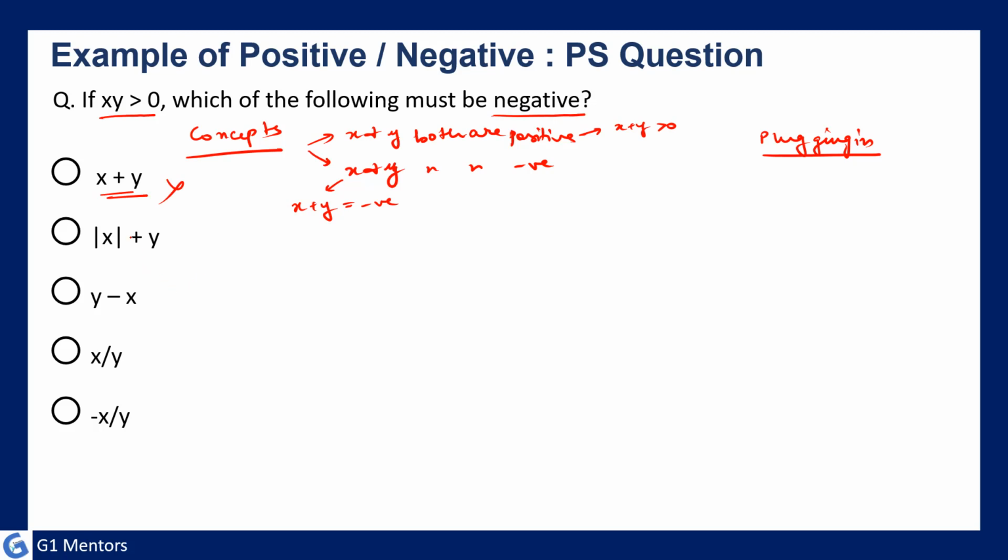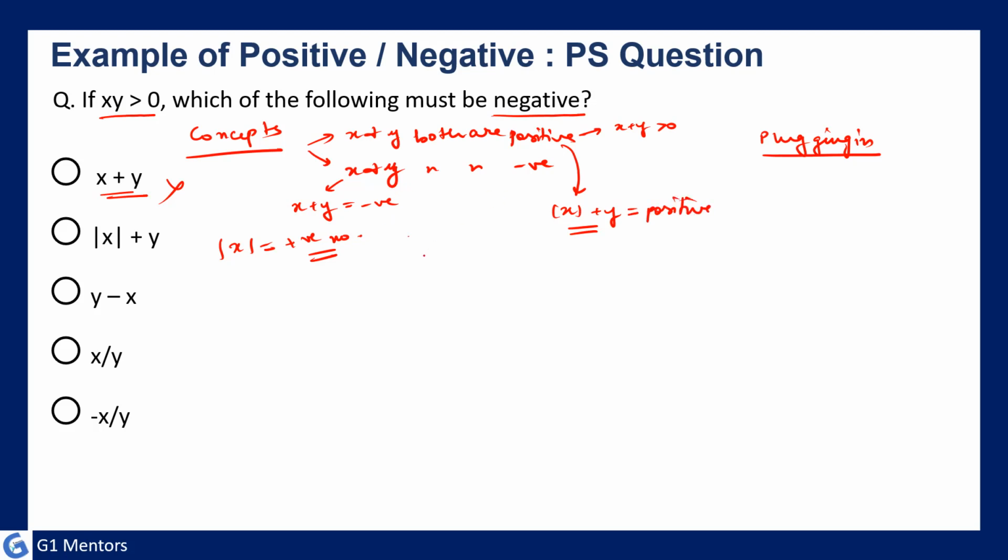Okay. Now let's see the second question. It is given mod x plus y. Although we'll cover modulus in the later chapters, mod of any number is always a positive number. If x and y are positive, in this case, mod x plus y is nothing but a positive plus positive, which is again a positive number.